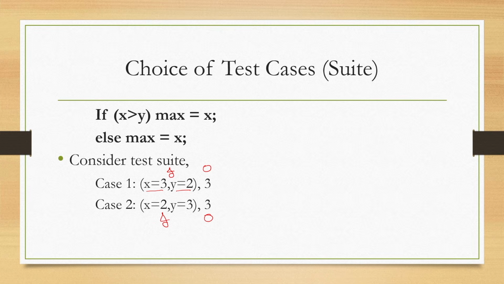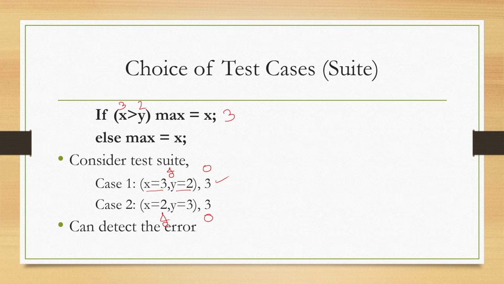Now, with this let us see how we can identify the programming error that is present there. If we put x equal to 3 and y equal to 2, then we can see that the output will be 3. So, for the first case it produces the correct output.